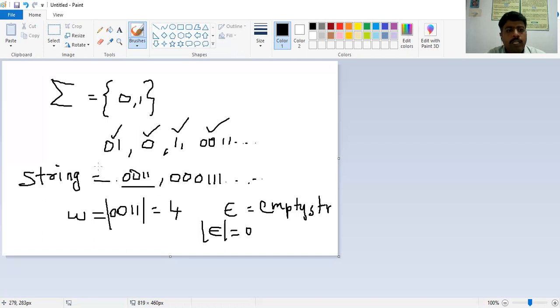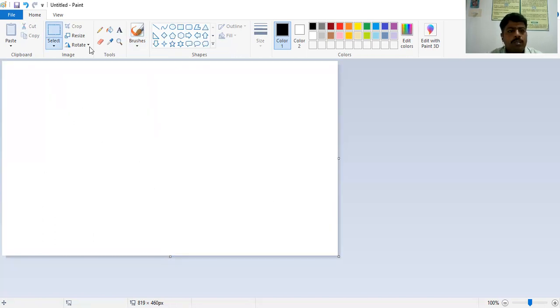Apart from this basic mathematical notation, you must know what we mean by Kleene closure and positive closure. Kleene closure is represented like this: when we make the alphabet power star, this is called Kleene closure. It is very, very important.